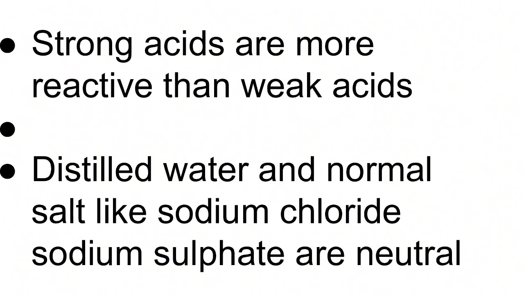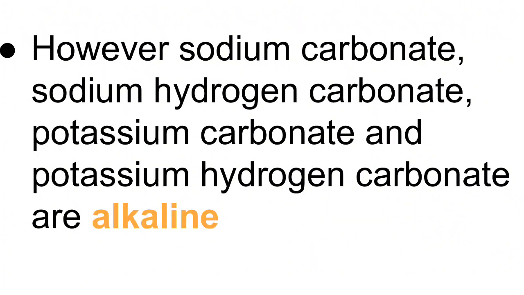Then also distilled water and normal salts like sodium chloride and sodium sulfate are neutral. Those salts we call normal salts. Normal salts are neutral. They do not have any hydrogen ion in their formula, and that's why we say they are not acidic. They are neither basic because they do not have the hydroxyl ion. They are neutral. It's also important to note that sodium carbonate and sodium hydrogen carbonate, together with potassium carbonate and potassium hydrogen carbonate, are alkaline in nature.